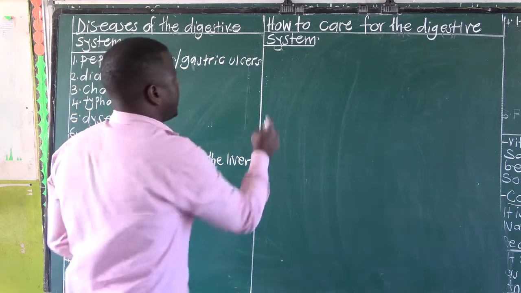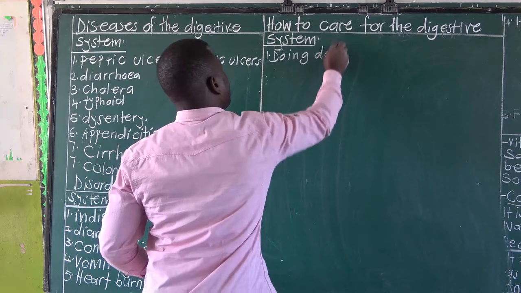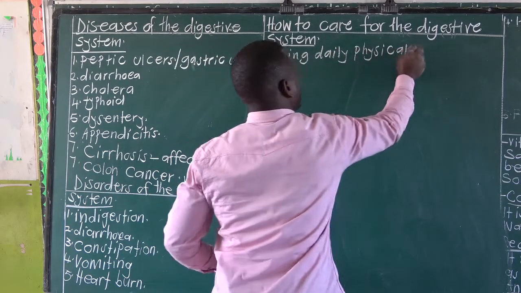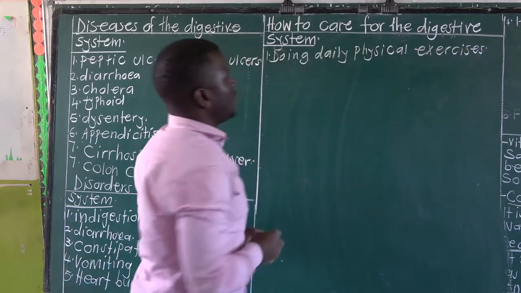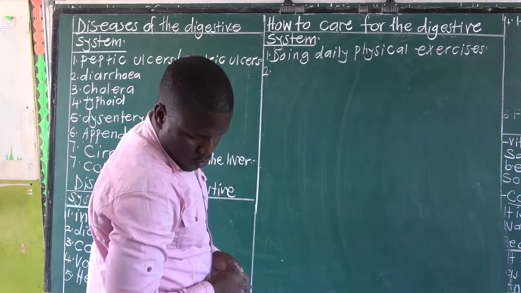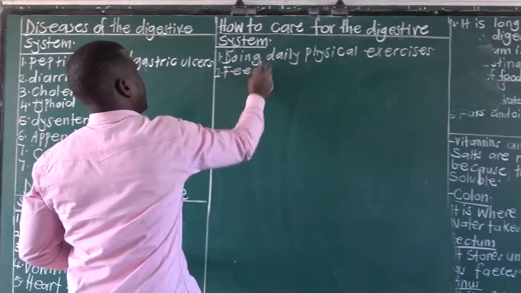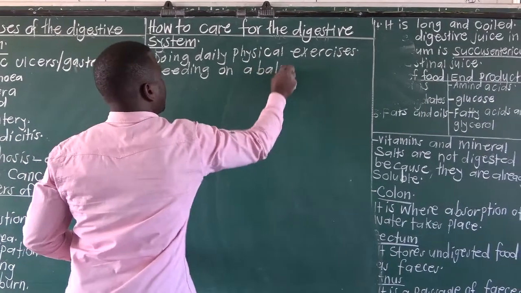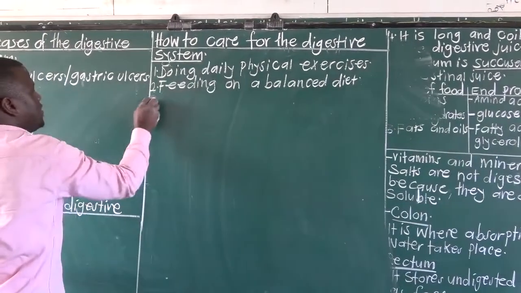One, doing daily physical exercises. Then number 2, feeding on a balanced diet.